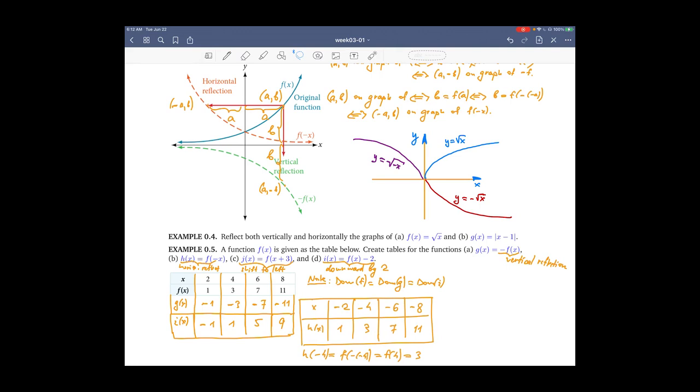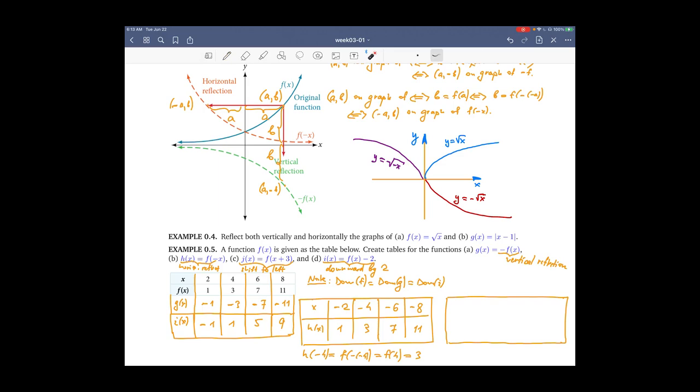Let us now construct the table for the function j. The domain of the function j also will be different from the domain of function f.